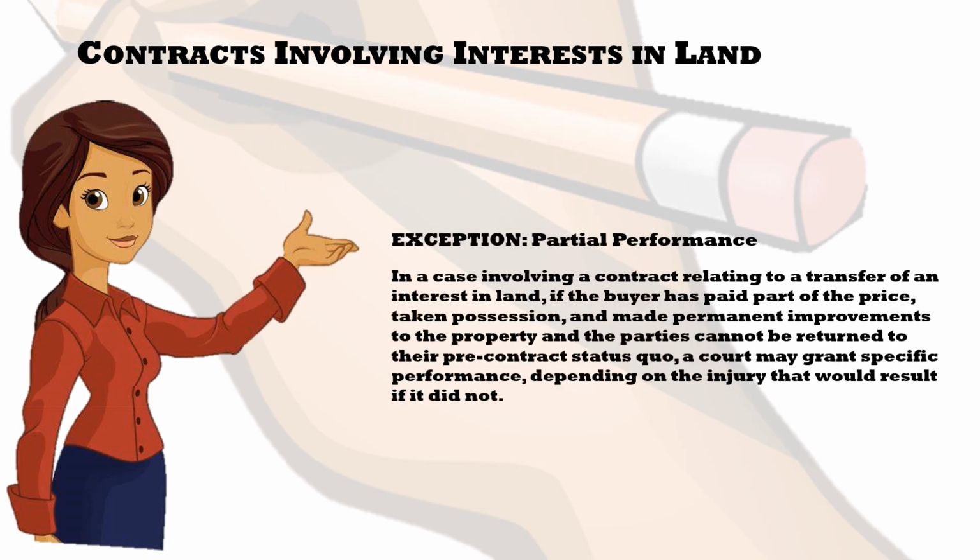Now, there is an exception, and this exception is partial performance. In a case involving a contract relating to the transfer of an interest in land, if the buyer has paid part of the price, taken possession, and made permanent improvements to the property, to the extent that the parties cannot be returned to their pre-contract status quo, a court may grant specific performance depending on the injury that will result if it did not.